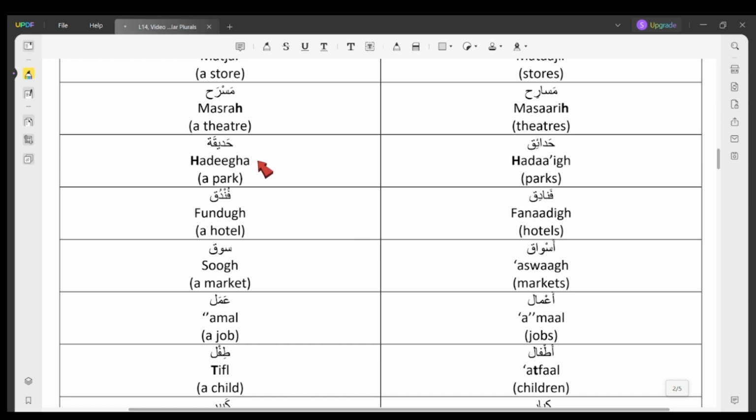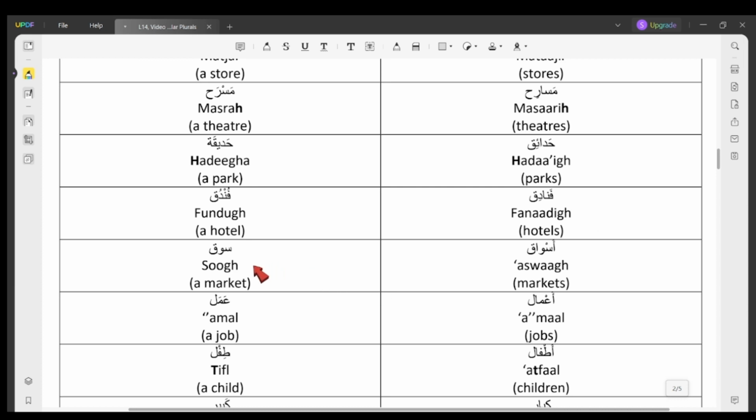Next, hadiqa. Hadiqa, a park. And the plural, hadaiq, meaning parks. Next, funduq. Funduq, meaning a hotel. And plural, fanadiq, meaning hotels.